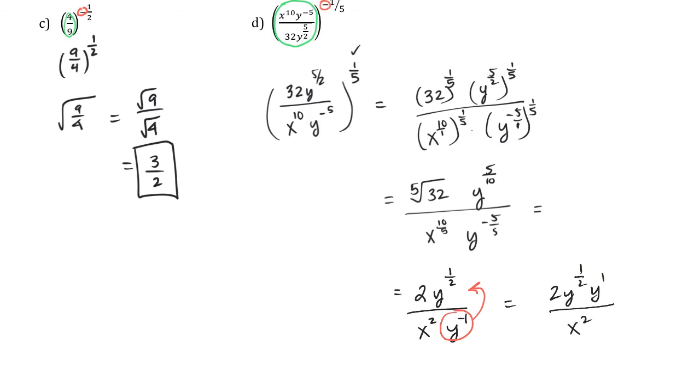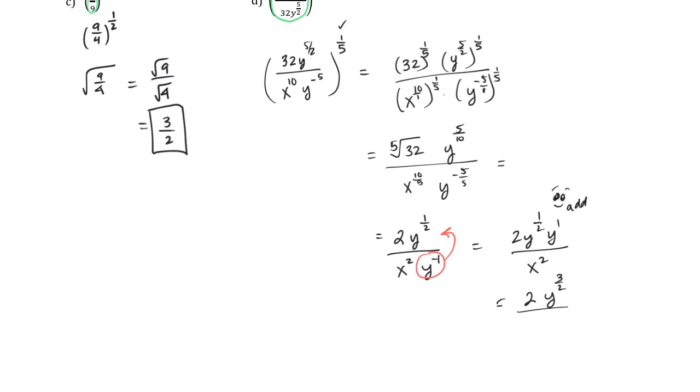And then I get to add my exponents there for the y's. Okay, so this would be 2 y to the 1/2 plus 1, that would be 3/2, all over x squared. And that one is now done.